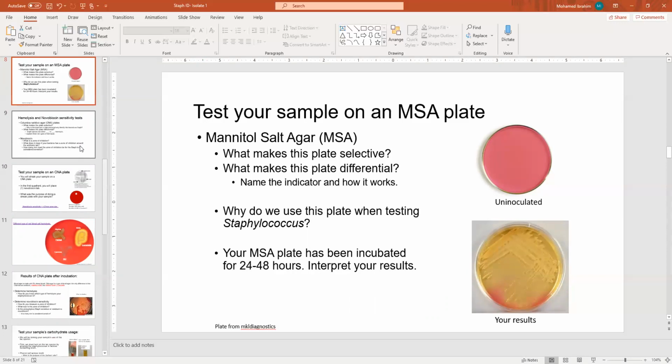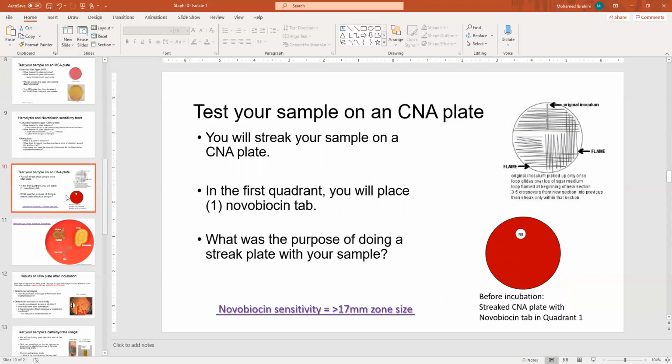The most important test here is blood hemolysis. Hemolysis means the capability of the organism to lyse red blood cells and form a clearing zone, okay? The media we're using for this test, we call it CNA, and you need to know what the name stands for, okay?